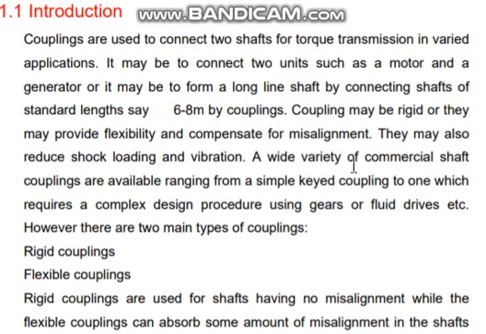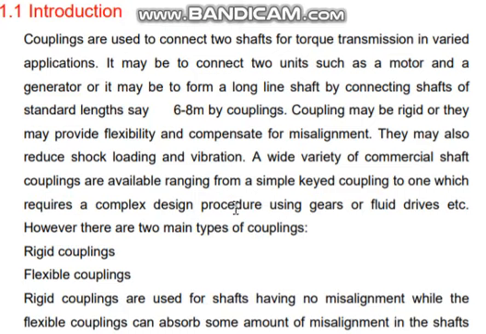A wide variety of commercial shaft couplings are available, ranging from a simple keyed coupling to one which requires a complex design procedure using gears or fluid drives, etc. However, there are two main types of couplings: rigid couplings and flexible couplings.